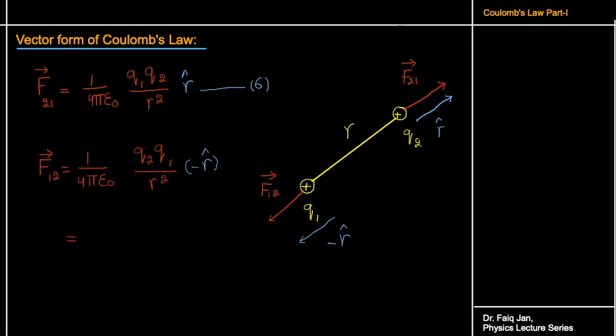Simplifying the above expression, we can write minus 1 by 4 pi epsilon naught Q1 Q2 by r squared r unit vector. This is equation number 7. Now we can plug in equation 6 in equation 7 to get F12 is equal to minus F21.